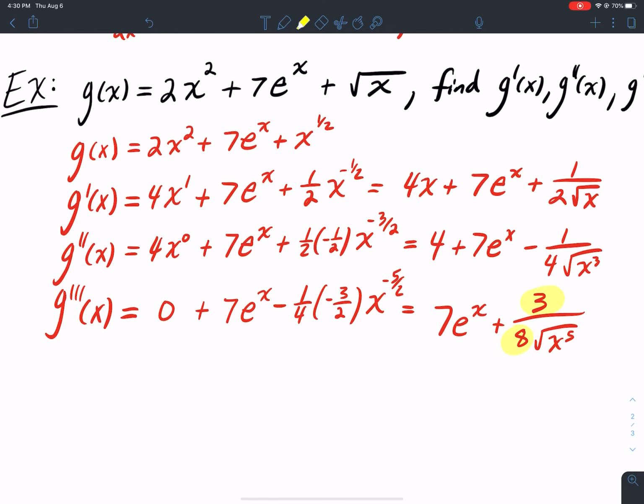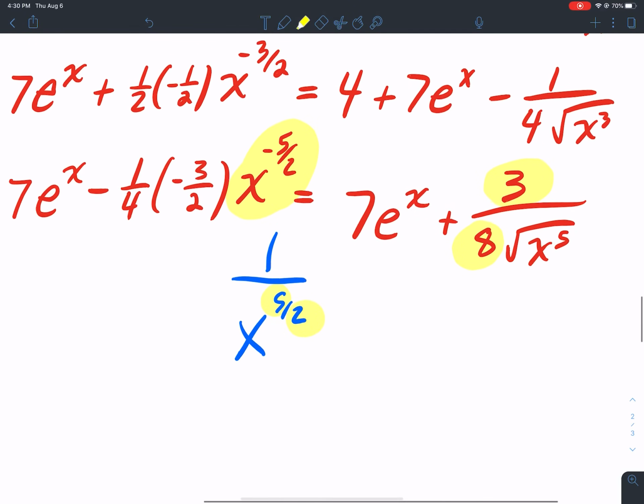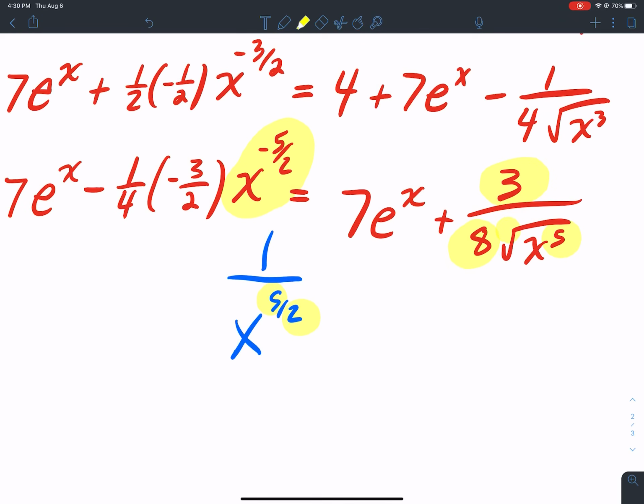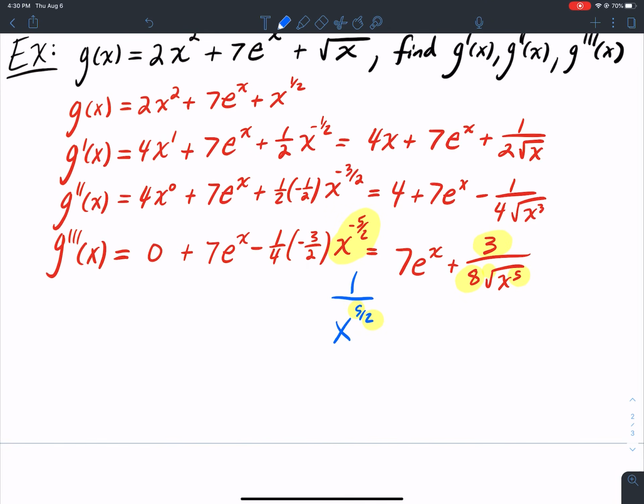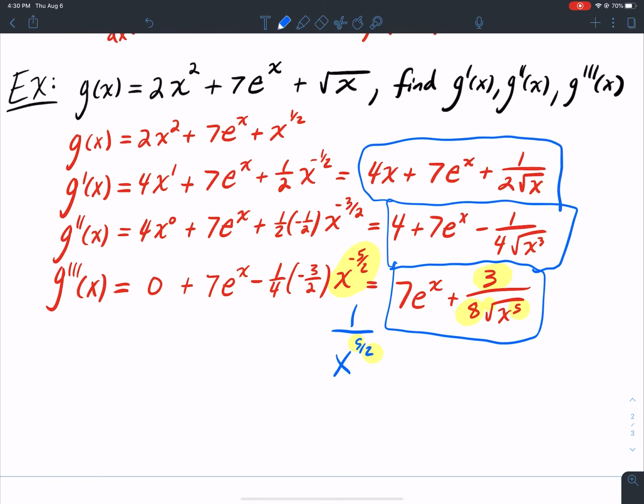So 3 over 8, and then this right here is 1 over x to the 5/2. Rider goes up top and the horsey goes underneath, so the rider's in the house and the horsey, that understood 2, is right there outside. Okay? All right, so these are my simplified answers over here. So that's g prime, g double prime, g triple prime.